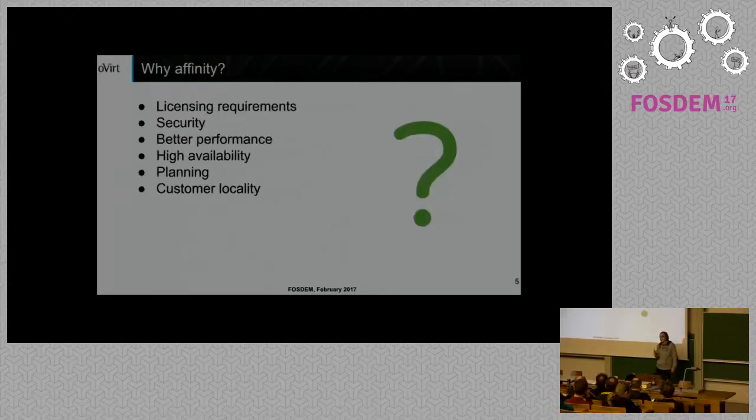So why might you want to use Affinity in the first place? I listed a couple of topics, and I'll show you all the topics one by one. For example, there are licensing requirements that might require you to use Affinity. Security considerations. You might get better performance when certain VMs are together or are not together.